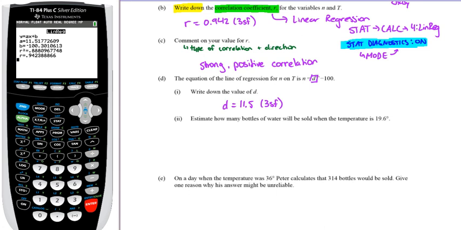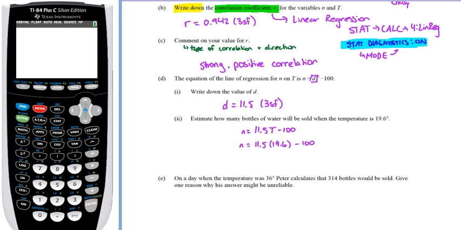So once we have the equation of the line of best fit, we can use it to make predictions. So this question is asking us to estimate how many bottles of water will be sold when the temperature is 19.6. So we're going to solve for n, and we're going to sub in a value for temperature. And then what we can do is just calculate what we see there.